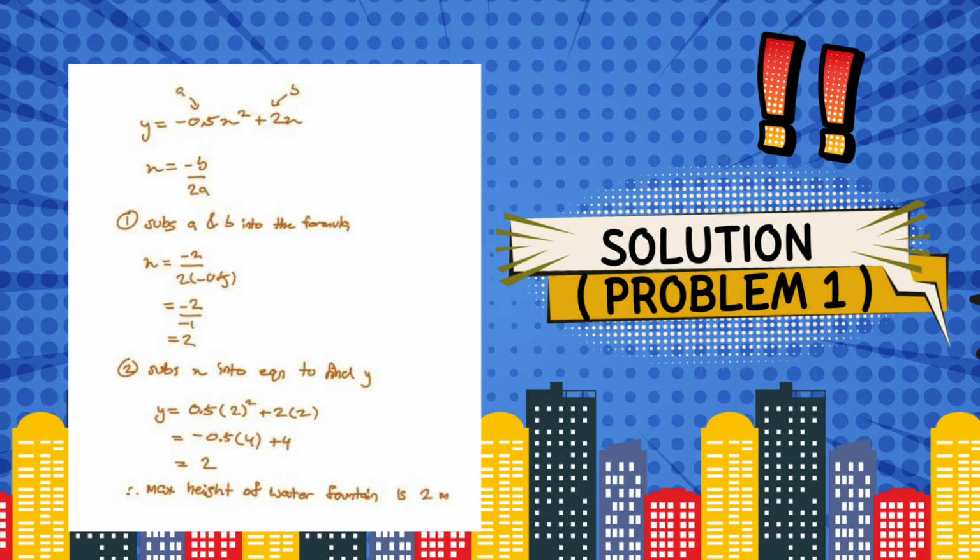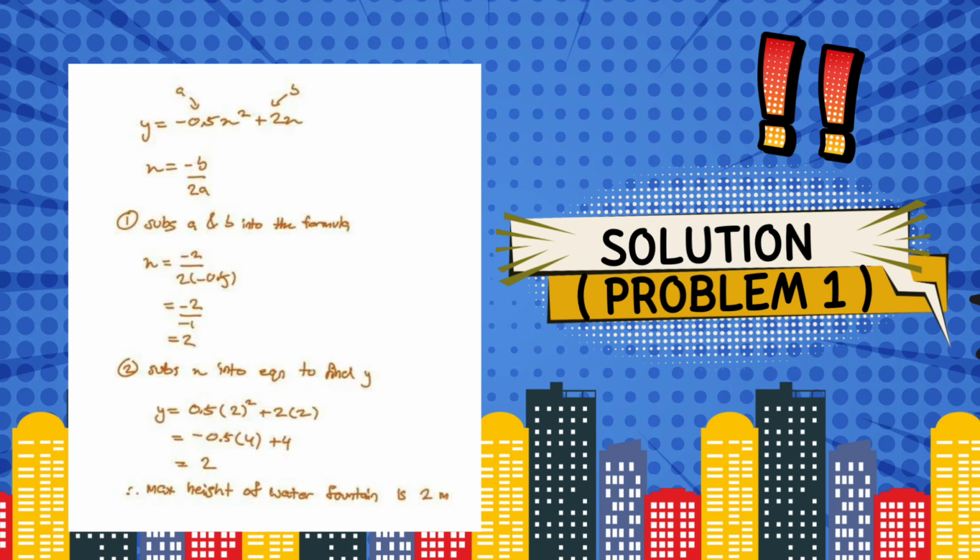We have the second equation which is x equals negative b over 2a. Then we substitute the values of a and b into the equation. And then we will get x equals negative 2 divided by 2 times negative 0.5. And then we will get x equals negative 2 divided by negative 1 equals 2.